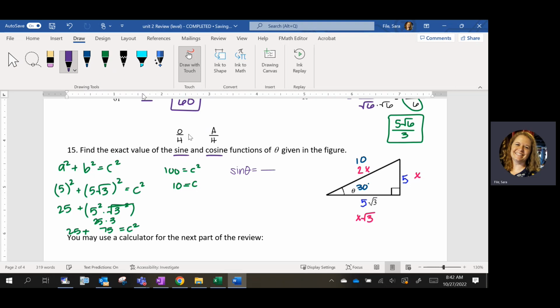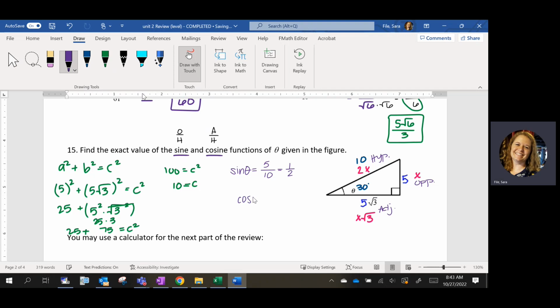So sine, we said, is O over H. From theta, this is the opposite side. This is the adjacent side. And this is the hypotenuse. So O over H would be 5 over 10. Can I reduce that? What does that reduce to? There we go.